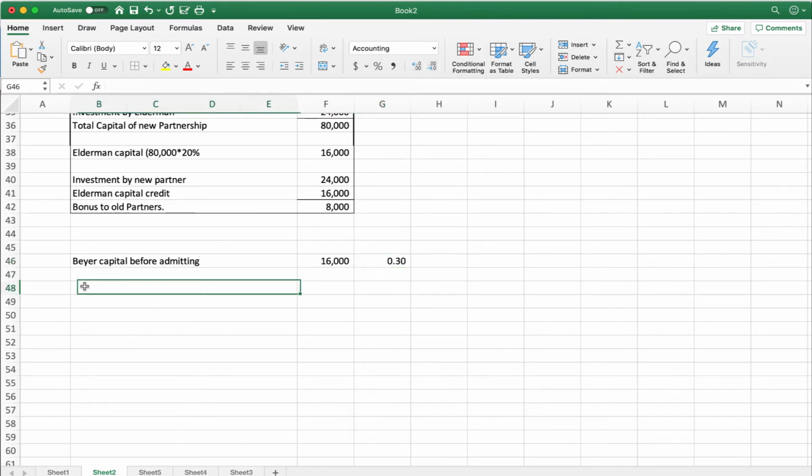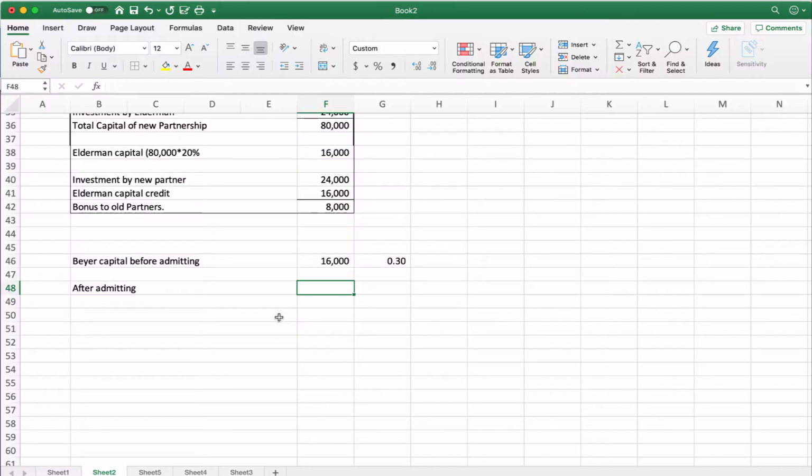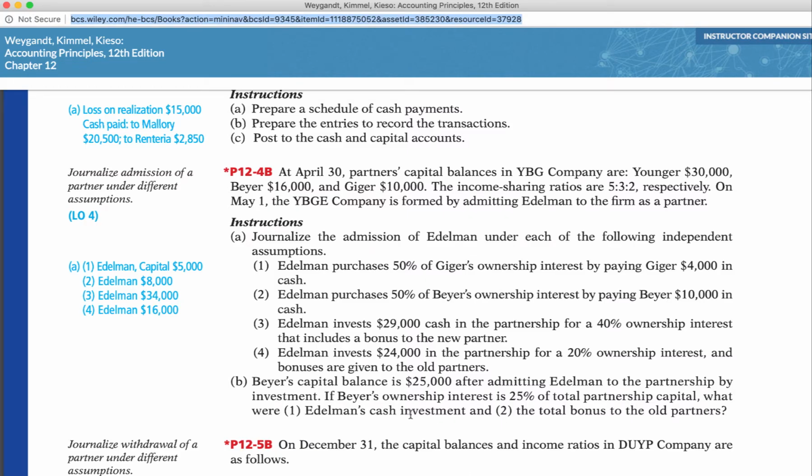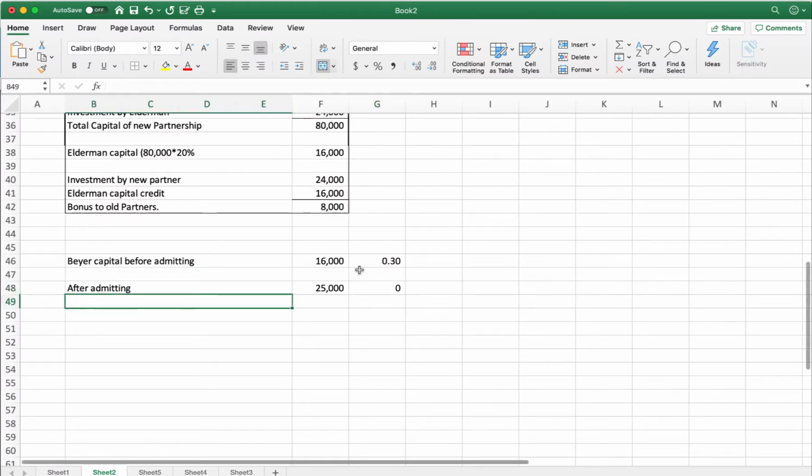That's before. Now, after admitting, Bayer's capital balance goes up to $25,000, and his new ownership interest is 25%.